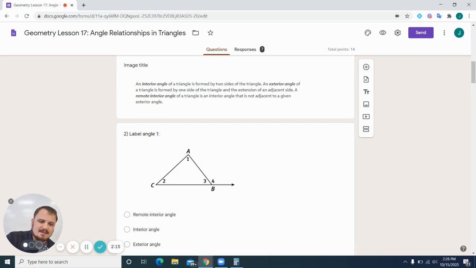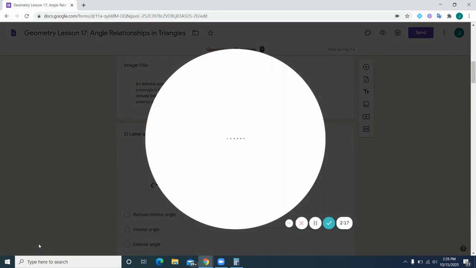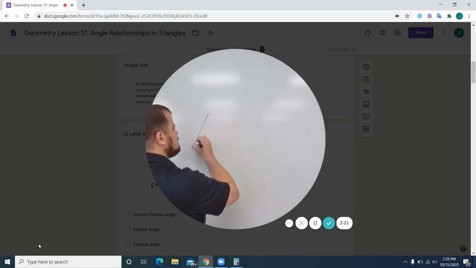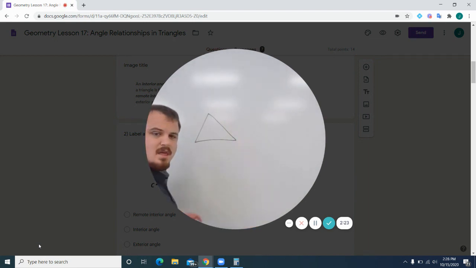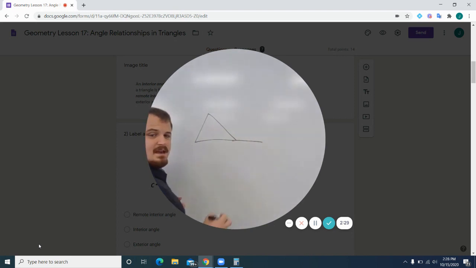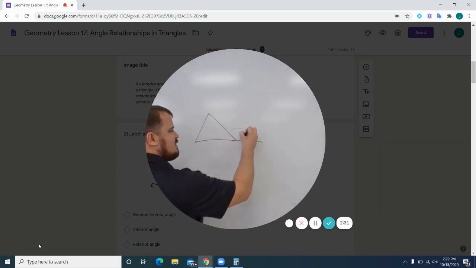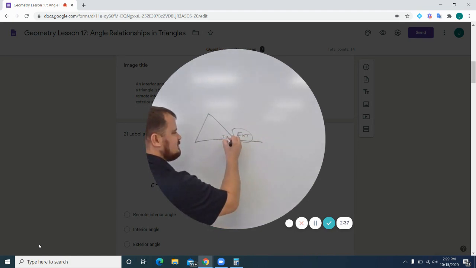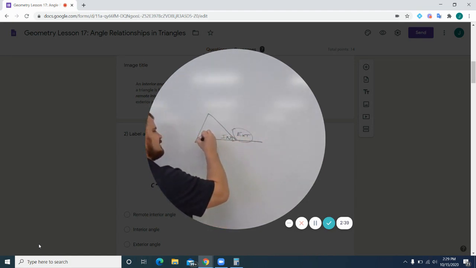And then a remote interior angle is an interior angle that is not next to an exterior angle. So basically what it's saying is that if I have a triangle, any of these would be considered interior angles, okay? But if one of the sides extends, now this becomes the exterior angle. And once again, this is interior, this is interior, this is interior.